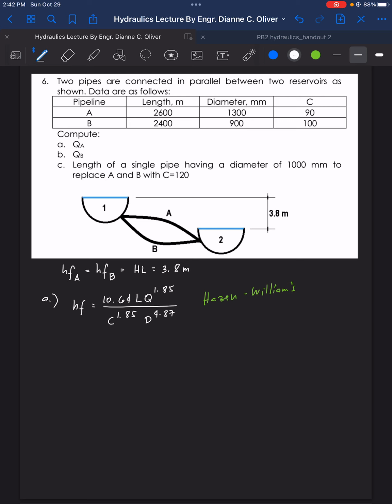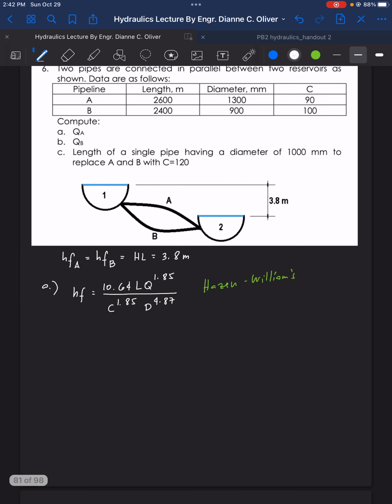So substitute here the value for head loss for A. For A, we have 3.8 total head loss, equals 10.64, the length of pipeline A is 2,600, and the missing QA raised to 1.85, all over C, here is 90, raised to 1.85. The diameter here is 1,300 raised to 4.87.